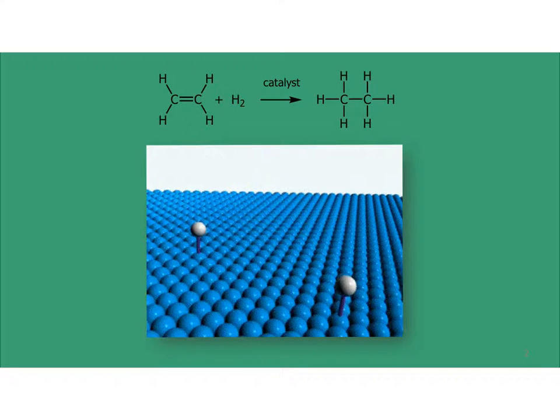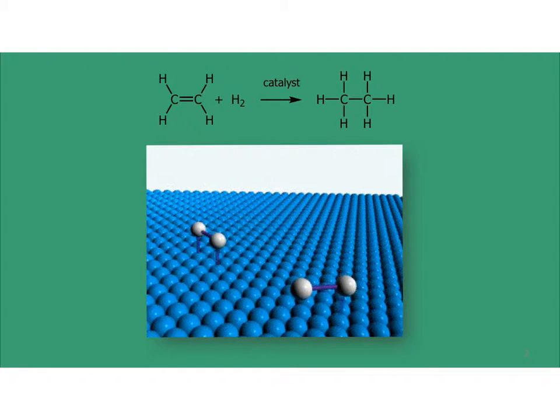The mechanism of the heterogeneous reaction is illustrated in this video. Hydrogen molecules react with the surface of the metal at the catalyst surface. The relatively strong hydrogen-hydrogen sigma bond is broken, and it's replaced by two weak metal hydrogen bonds.